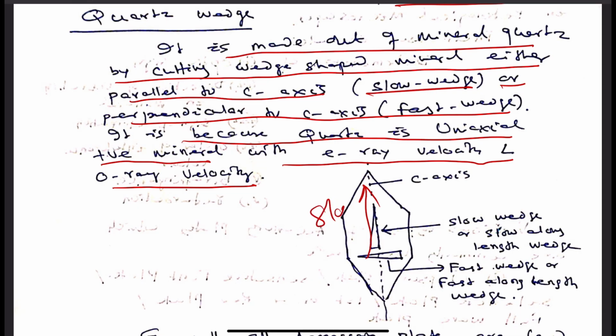So it is the slow ray direction. That's why the wedge cut parallel to the c-axis is called a slow wedge, or slow along length wedge. Similarly, the wedge cut perpendicular to the c-axis is called a fast wedge or fast along length wedge. So these two types of wedge can be produced by cutting the wedges from the mineral.